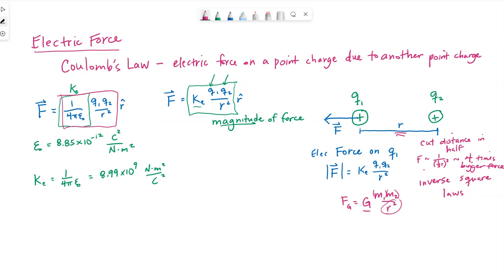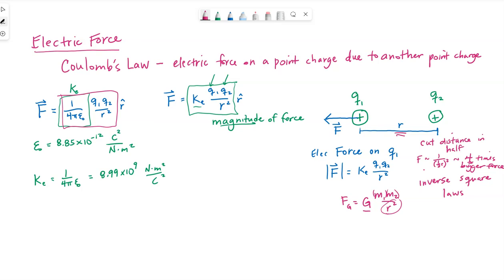If I square the 1/2 in the denominator, I get 1/4, but again, it's in the denominator, which brings the 4 up to the numerator. So a change in distance, we have to square how we are changing that distance to see what effect that has on the force.